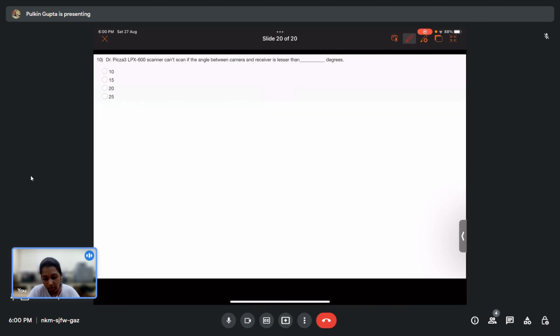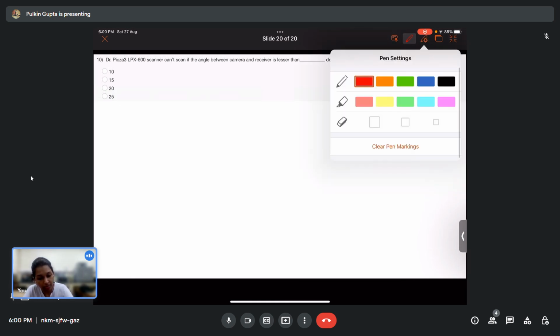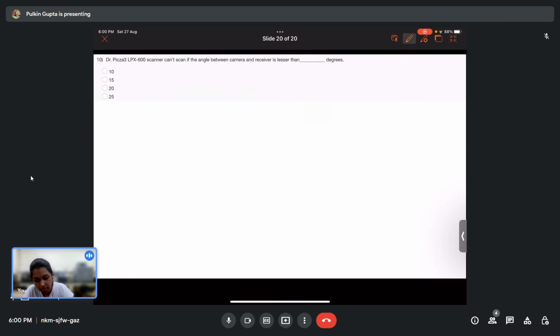Now the last question: the Dr. Pixa 3 LPX 600 can't scan if the angle between the camera and receiver is less than dash degrees. This one was the red light closed chamber scanner, and we had discussed 45 degrees is the optimum angle, and we can go up to 20 degrees as the least angle.